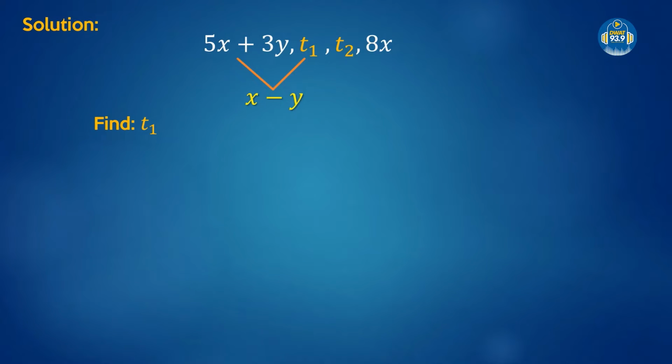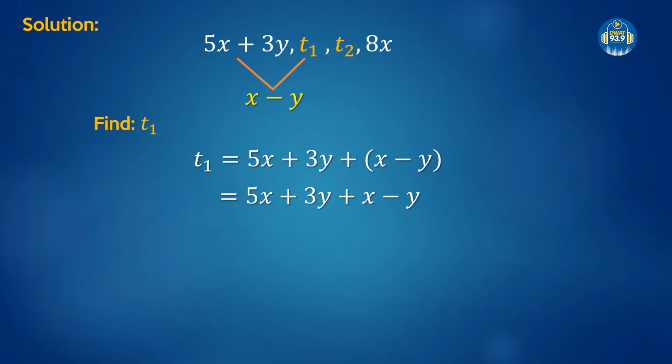To find the first arithmetic mean, which is t sub 1, add the common difference d to 5x plus 3y. So, t sub 1 equals 5x plus 3y plus x minus y. Therefore, t sub 1 equals 6x plus 2y.